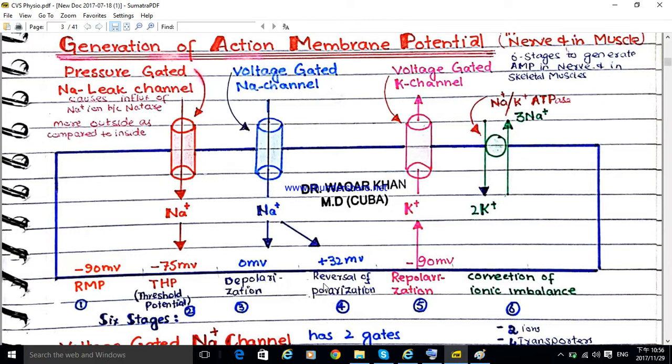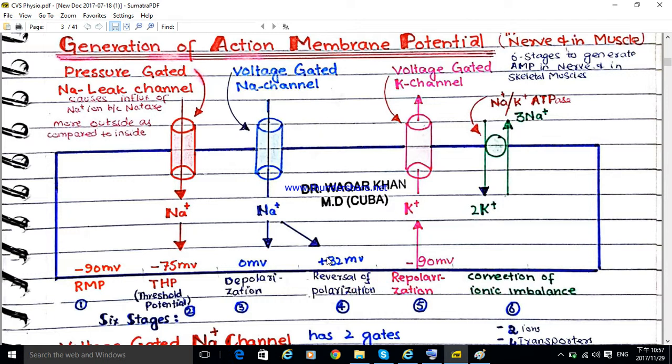This stage is called reversal of polarization. Its original pole was negative, but now it's positive, so its original polarization is reversed.